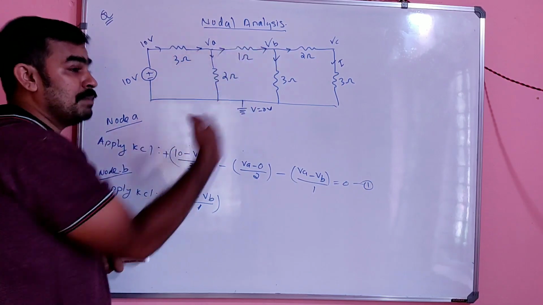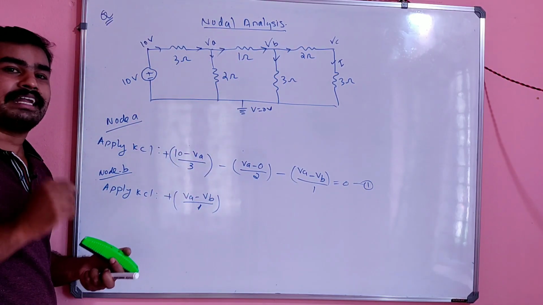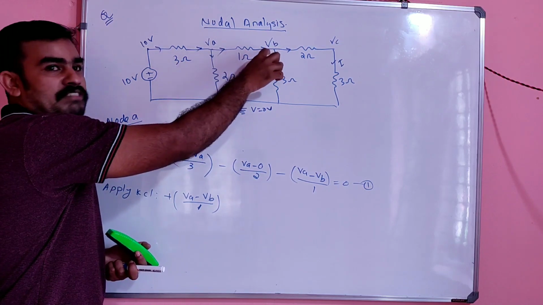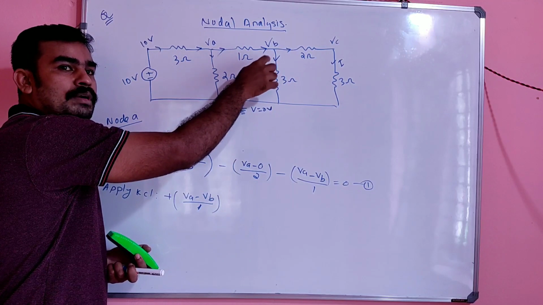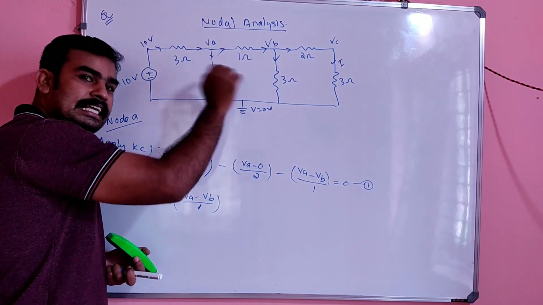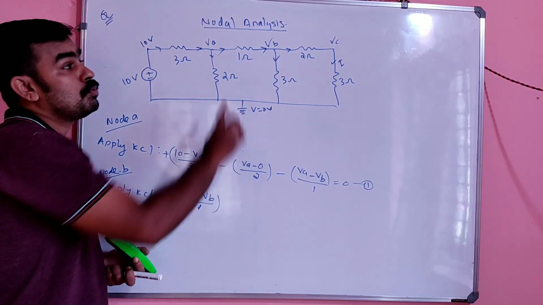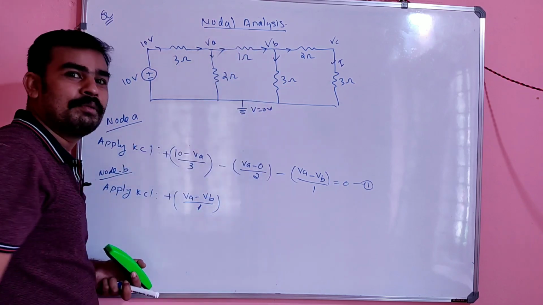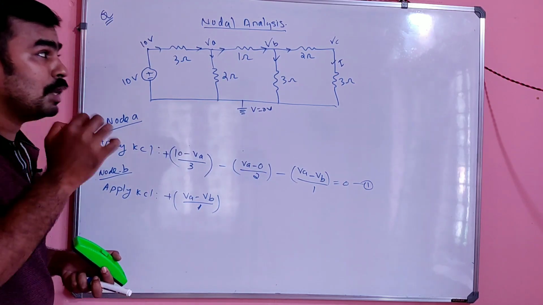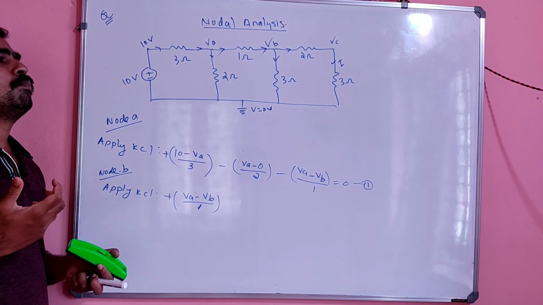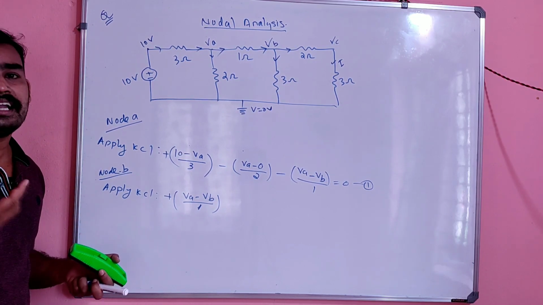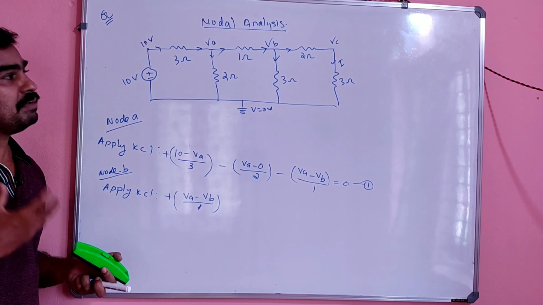Then only you can write VB minus VA. But here it is not like that. Here it is VA minus VB, because the current is flowing in this direction. The current is incoming towards node B. So you can't write VB minus VA divided by 1. That you have to take care. So there are many situations where you can make an error like this.